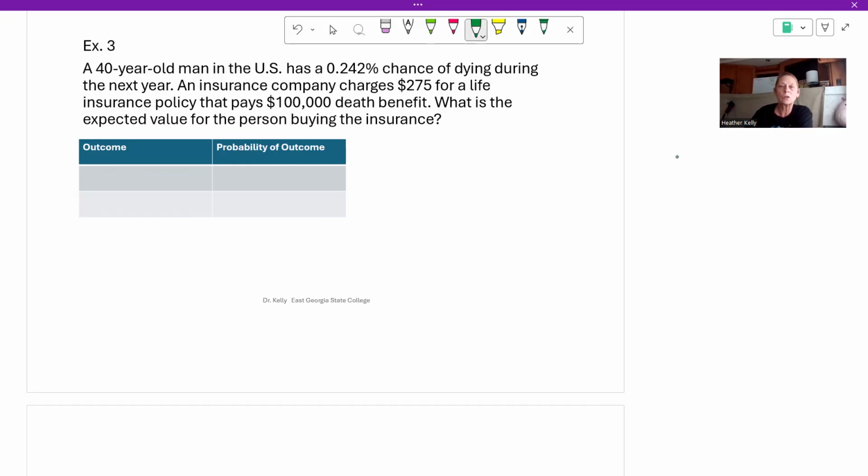Okay, so let's look at what our outcomes are. Just to be very frank, we have two outcomes here, right? Somebody dies, or they live. Now, if the person dies with this policy, then they have 100,000 minus the policy that you paid for, which is 275.